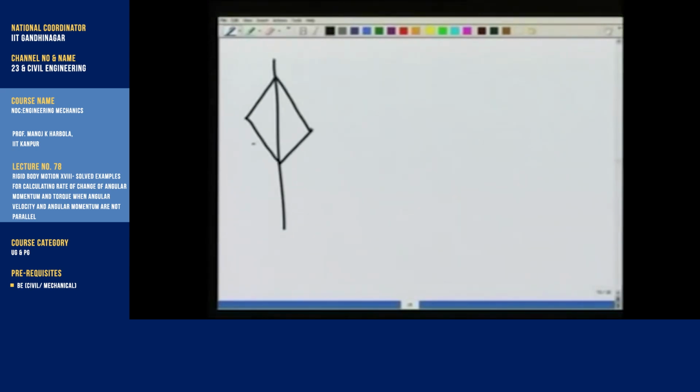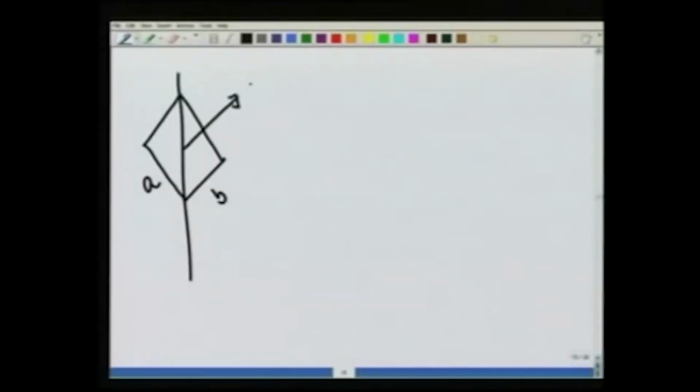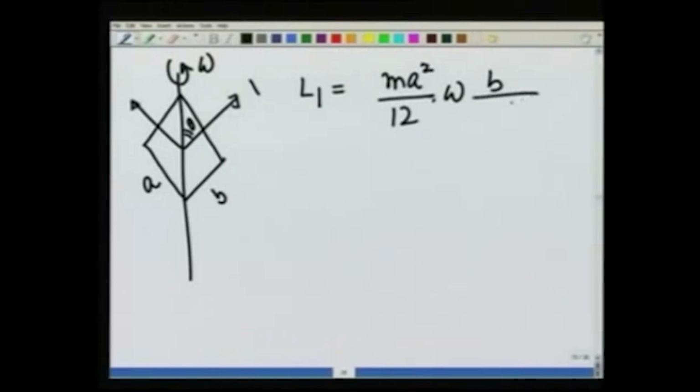This is how the plane is. Axis 1, axis 2, this is theta, and this is rotating with omega, and therefore L1 comes out to be m a square divided by 12 omega cosine theta, which is b over square root of a square plus b square.